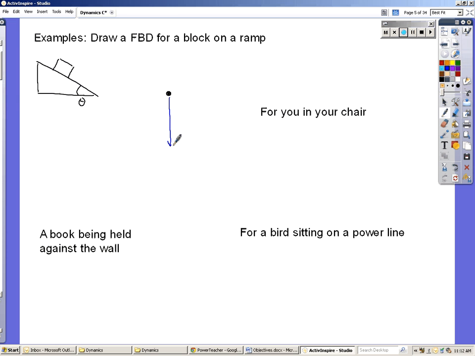The weight force will point straight down, Fg, or call it W. There's also a normal force from the ramp, and notice that that is perpendicular to the surface of the ramp. And if it's sitting still, what's keeping it from sliding down the ramp? Well, friction, which is going to point parallel to the surface and oppose the direction that it would slide if it was sliding. So there is our free body diagram.